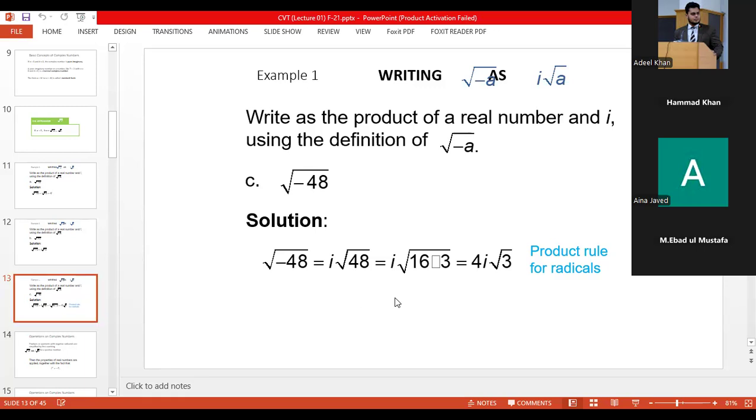In the last session we also discussed the concept of the square root of minus 48 in complex numbers and how it is resolved.